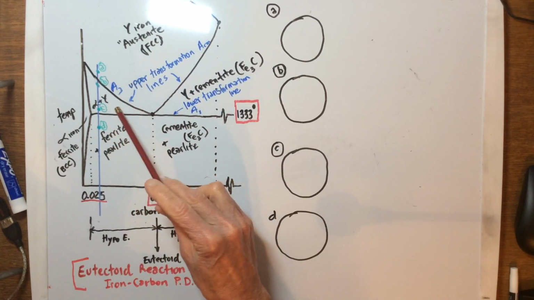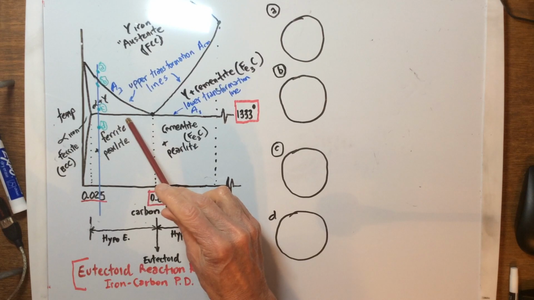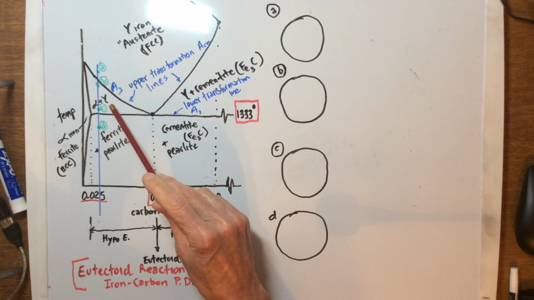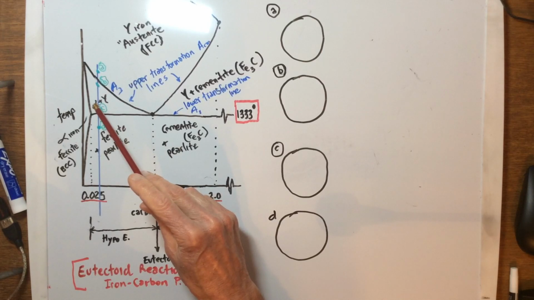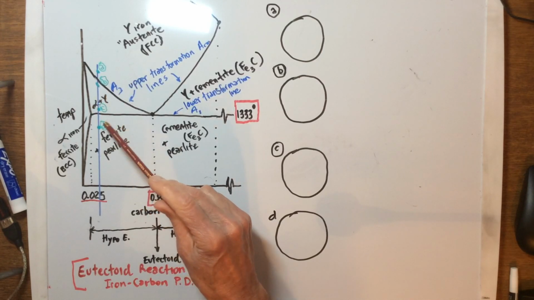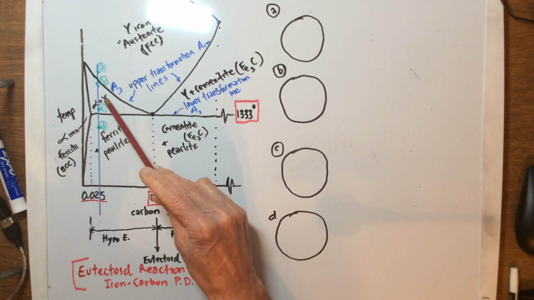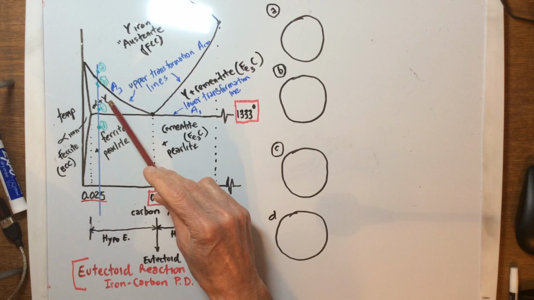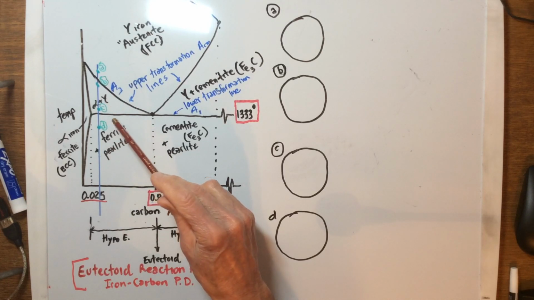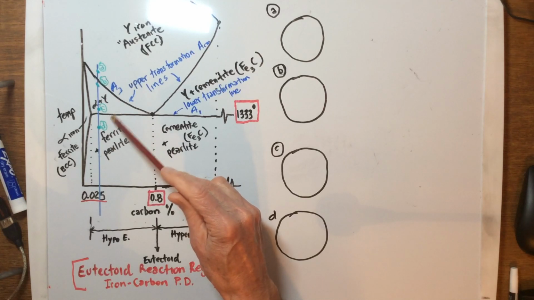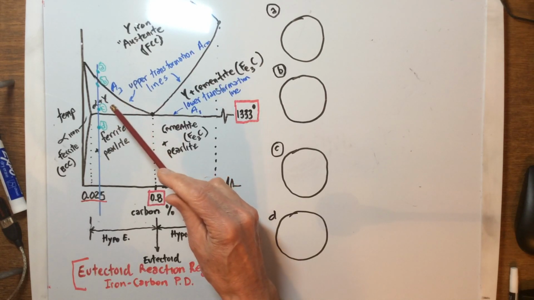Okay, so this lower transformation line is where things begin to change from this two-phase region of the alpha and the gamma down here to what used to be gamma, which was an FCC, into a complete BCC structure. So this austenite is going to start decomposing.